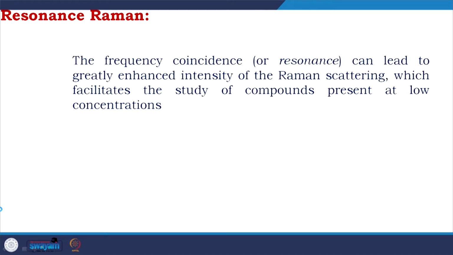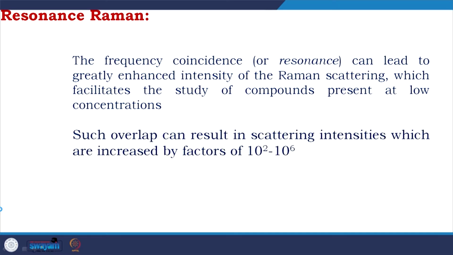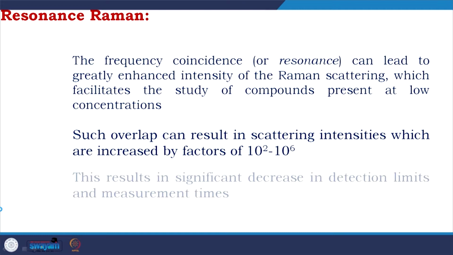The frequency coincidence, or resonance, can lead to greatly enhanced intensity of Raman scattering, which facilitates the study of compounds present at low concentration. Such overlap can result in scattering intensities increased by a factor of 10^2 to 10^6. This results in a significant decrease in detection limit, an increase in signal intensity, and a decrease in measurement time.